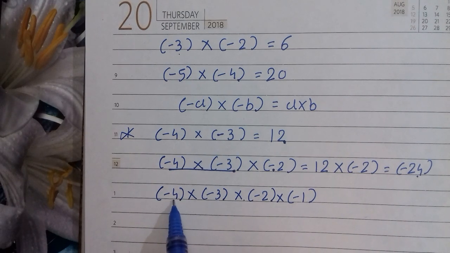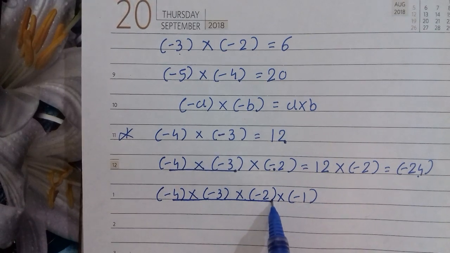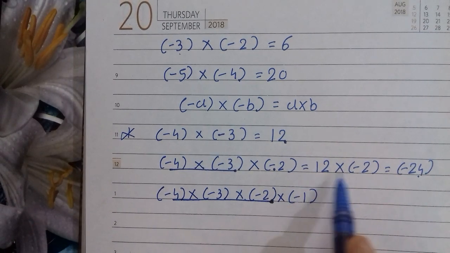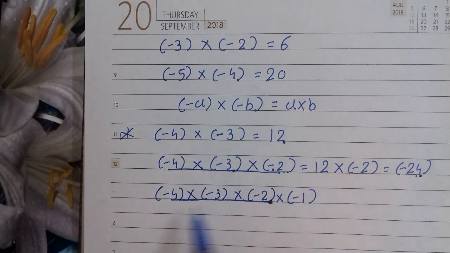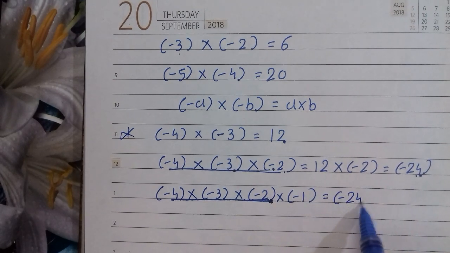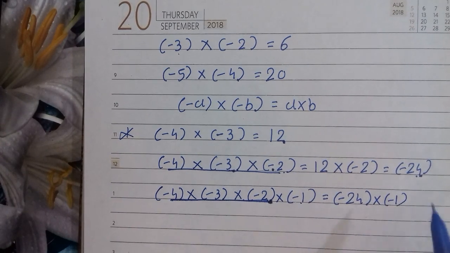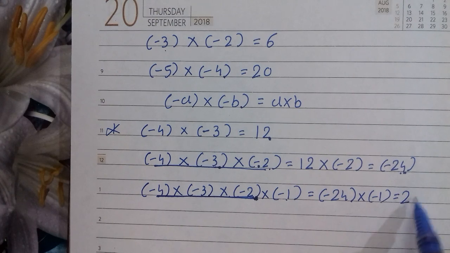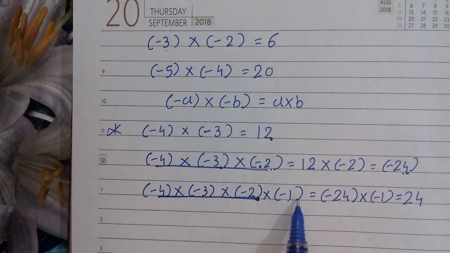Here the product of the first three negative integers is minus 24, multiplied by minus 1 is equal to 24. So we can say that the product of four negative integers is a positive integer.